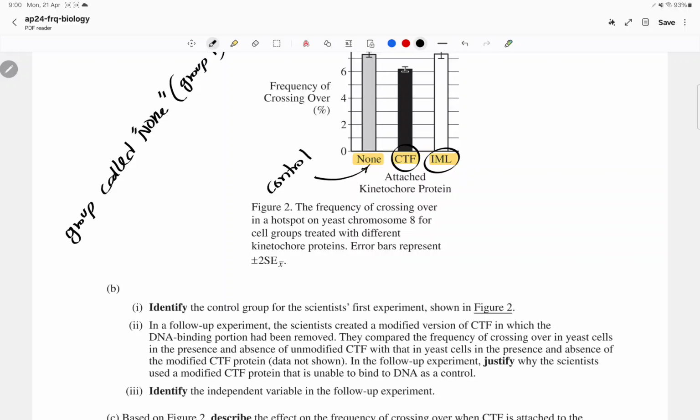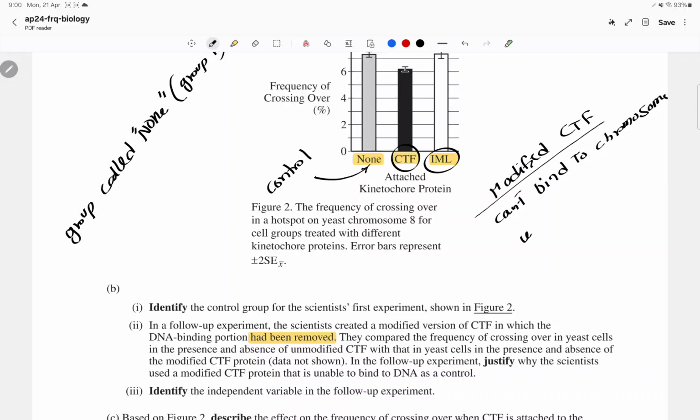B II. In a follow-up experiment, the scientists created a modified version of CTF in which the DNA binding portion, so its ability to bind to the chromosome, has been removed. It can no longer bind to the chromosome. They compared the frequency of crossing over in yeast cells in the presence and absence of unmodified CTF. So right now we have modified CTF. It cannot bind to the chromosome.